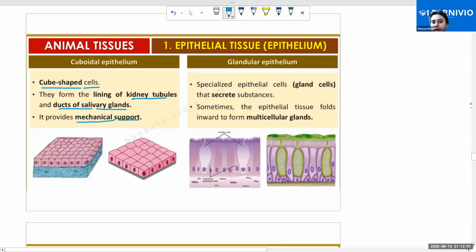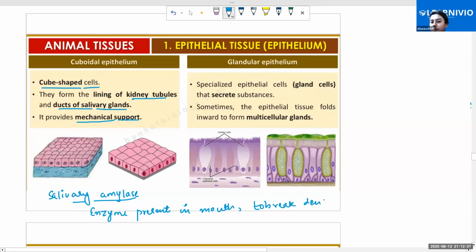mechanical support. Okay, what's the use of the salivary amylase? Do you know what is salivary amylase? This is an enzyme which is present in your mouth. And what's the role of the enzyme? To break down. To increase the reaction rate and to break down the what?